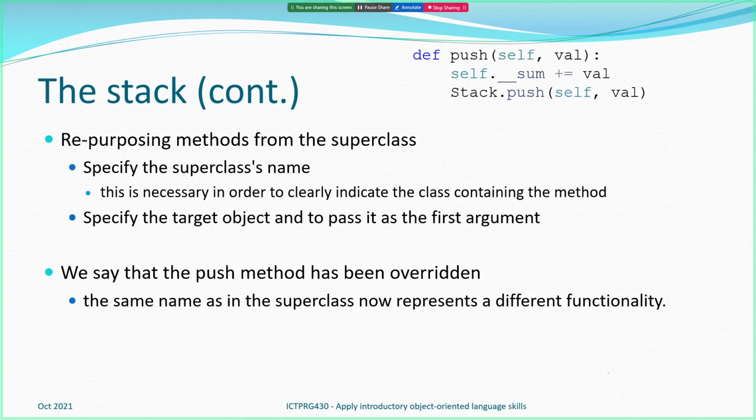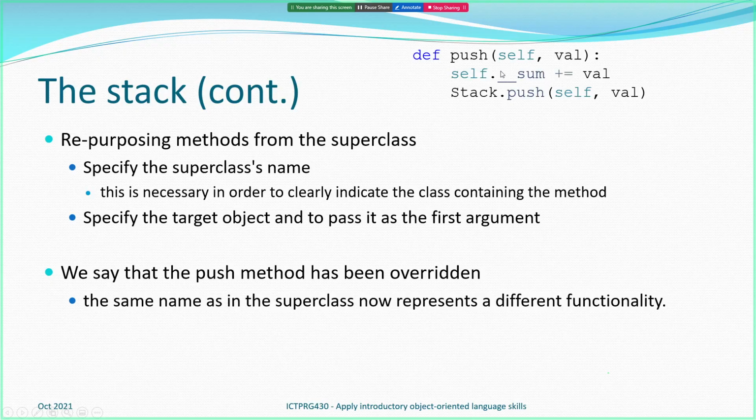So we can reuse the name, and this overrides the previous definition. So we're using the same name, and when we invoke it from within a subclass, it's going to do a different function.